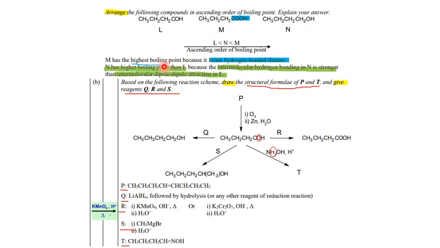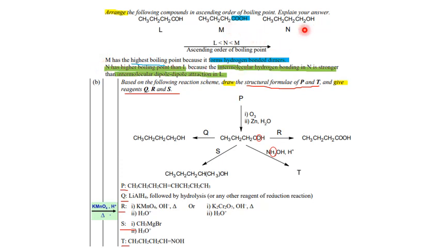M, butanoic acid, has the highest boiling point because it can form a hydrogen bonded dimer. Followed by N, which can form hydrogen bonds. And then L cannot form hydrogen bonds, but L is a polar compound, so it forms dipole-dipole interaction. Dipole-dipole interaction is weaker than hydrogen bond. This is the answer given by the book, but I prefer you all to write like this.